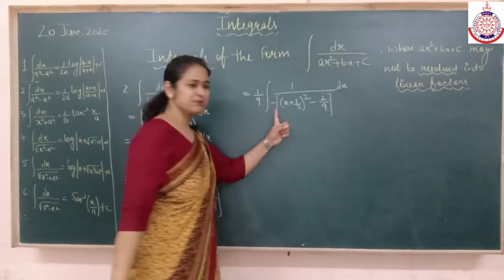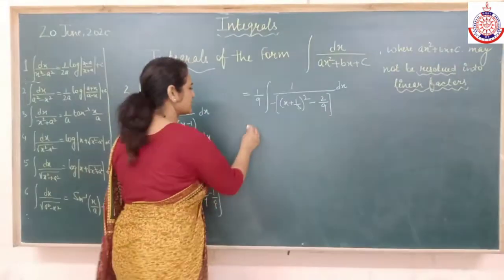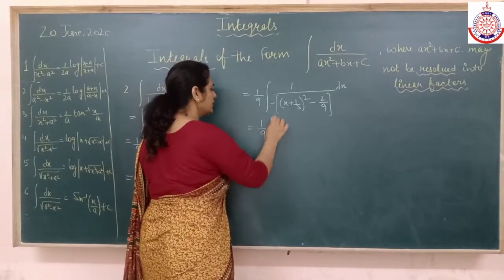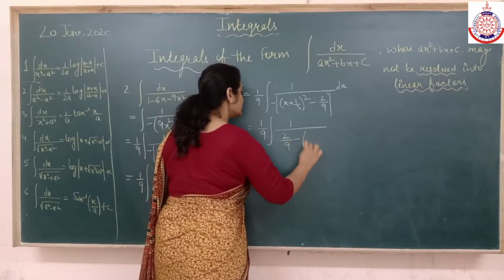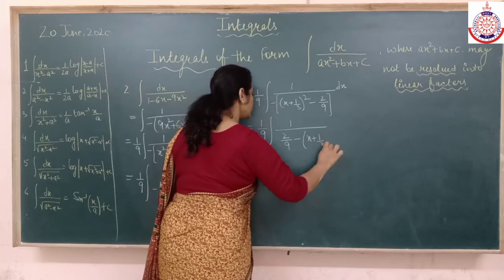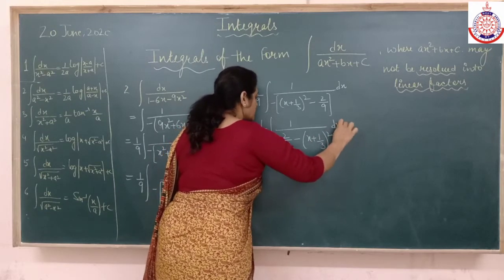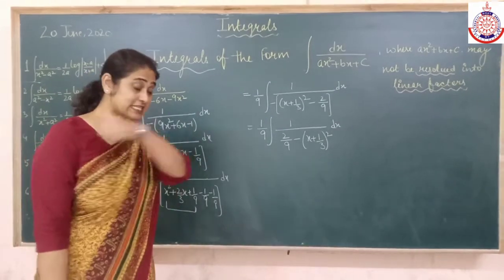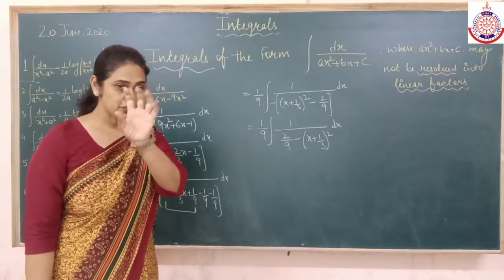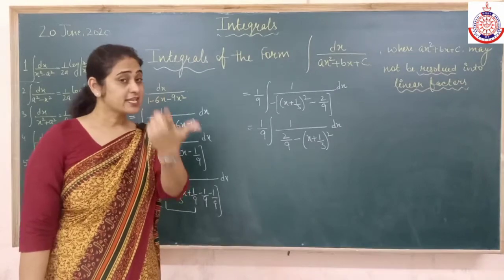Now I don't want to keep this minus out. Let's take inside so that this bracket should be removed from here. It will become 2 by 9 minus x plus 1 by 3. So relief from the bracket. Clear? Now it is in one of the forms, but that exact form you will see after substitution.